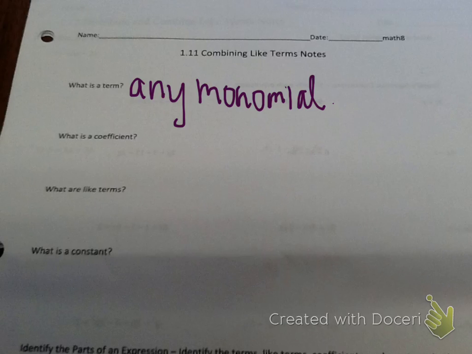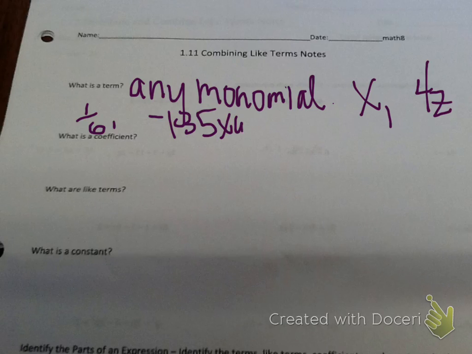So it would be like x or 4z or 1/6 or 135xyz. Those are all monomials because they're all just one thing.